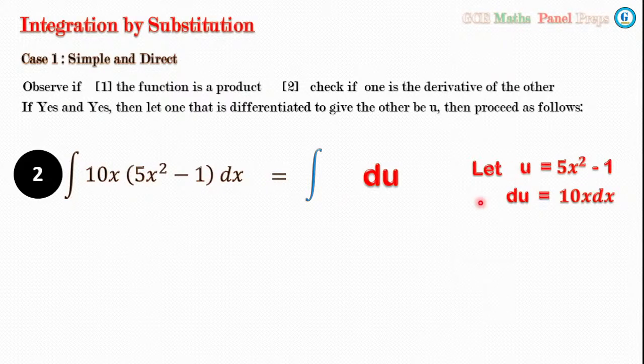Remember what we said, let 5x squared minus 1 be equal to u. So we now have to integrate with respect to u, and this will give us u squared on 2 plus a constant of integration.